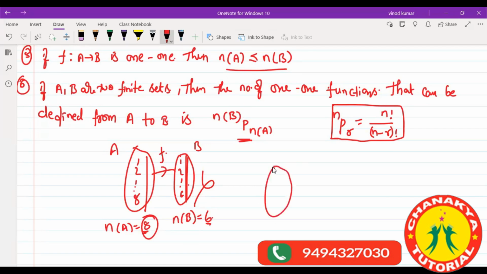You see here, set A has a, b, c and set B has 1, 2, 3, 4. There will be a chance to write a function and a one-one function also.